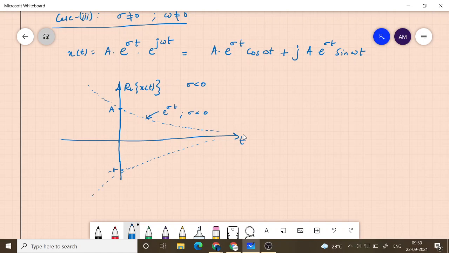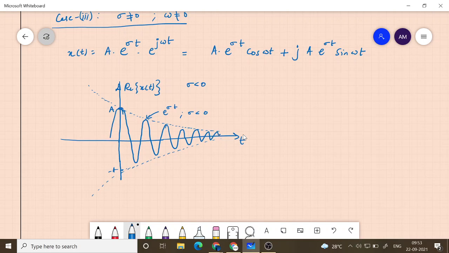Now we had a cos function here whose amplitude is now decreasing exponentially. So this is how it looks.